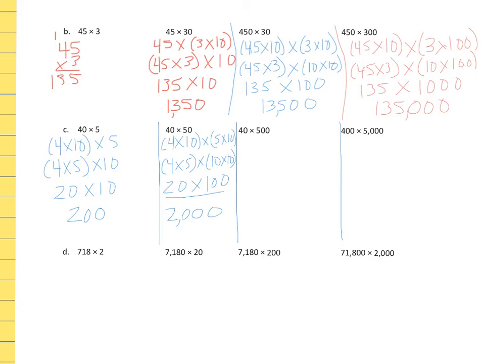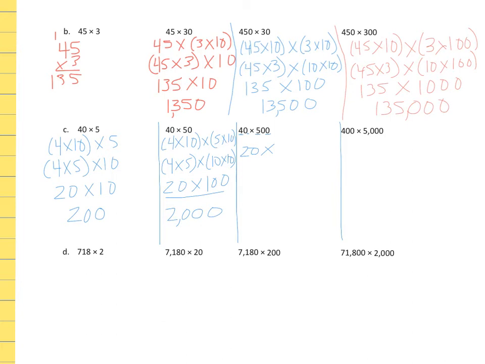So on this one, I'm going to show you a little bit of a different way of writing it. It's going to be less writing, but it's going to just show our thinking. We have a basic math fact of 4 and 5. We already know that that's 20. So I'm going to say, okay, 4 times 5 is 20. And then I have a 0 in the 40 and 2 zeros in the 500.